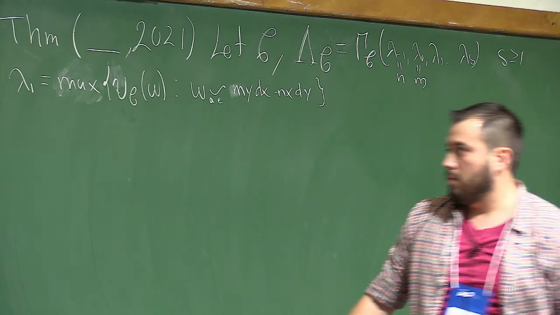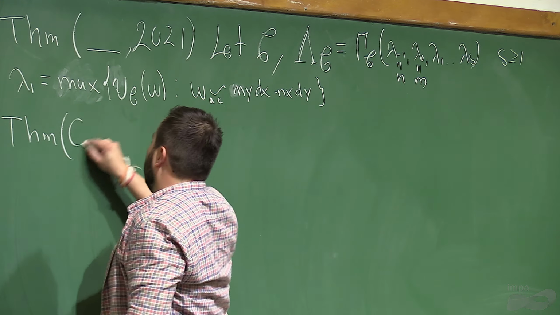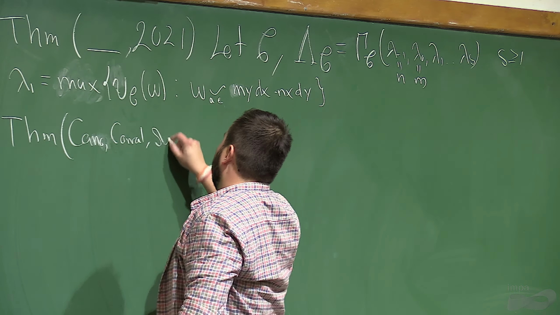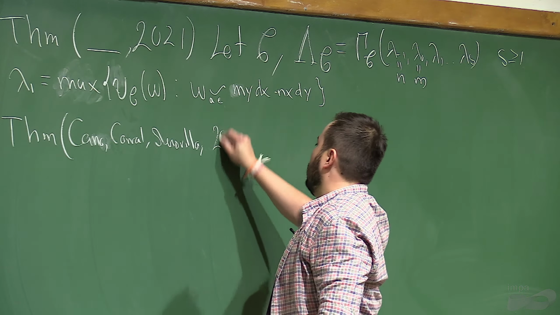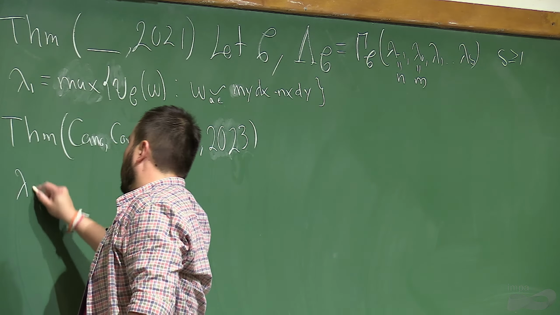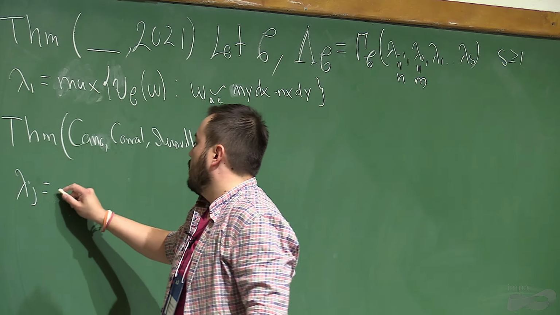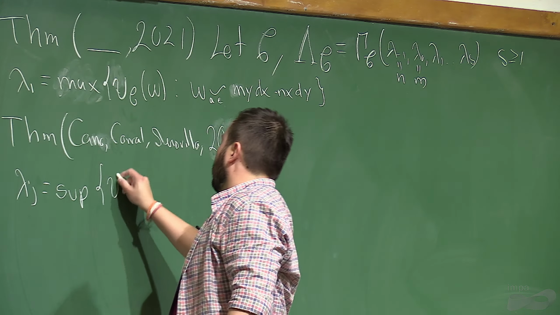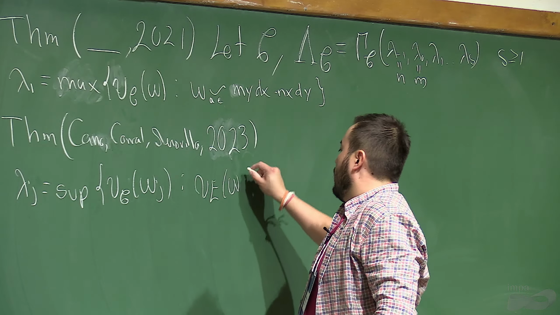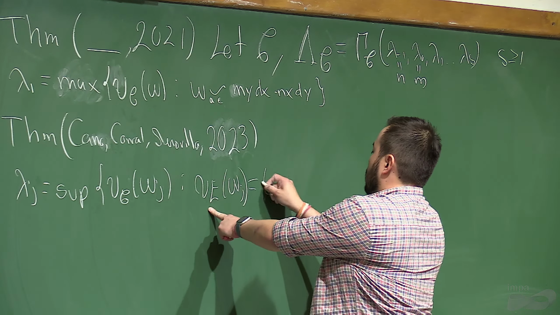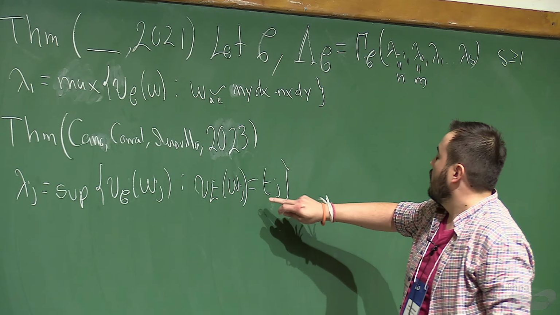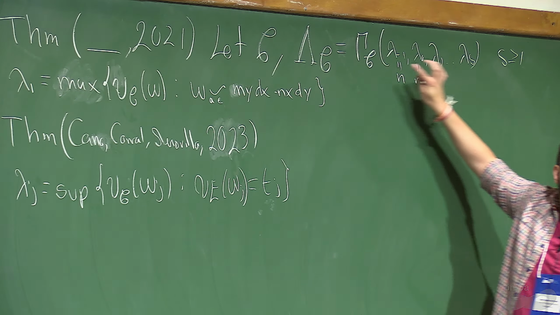Okay? And Felipe Cano, Nuria Corral, and David Senovilla in 2023 proved that lambda j is the supremum of the differential values of omega j, where omega j satisfies that the divisorial value is Tj, where Tj can be obtained in a combinatorial way from the semimodule.